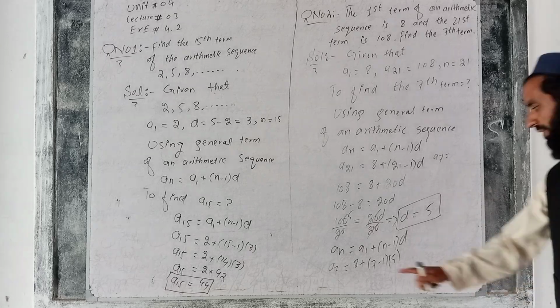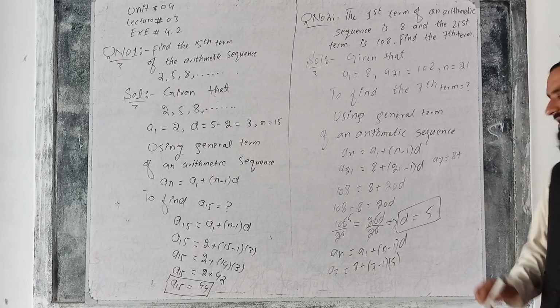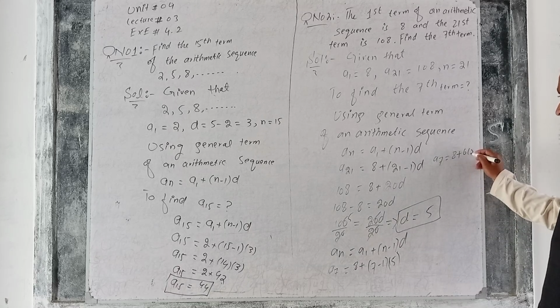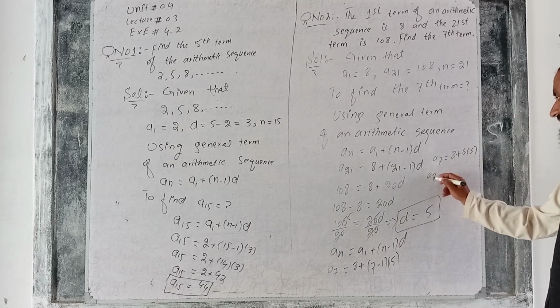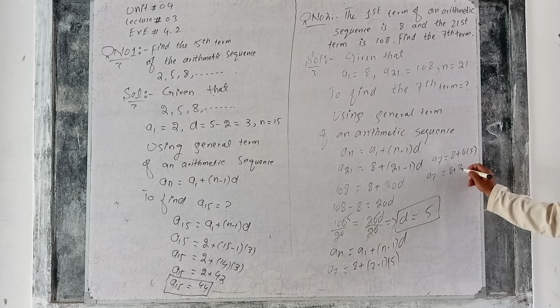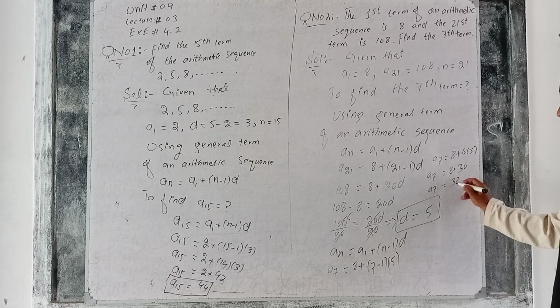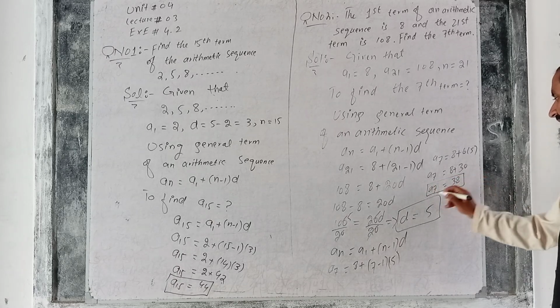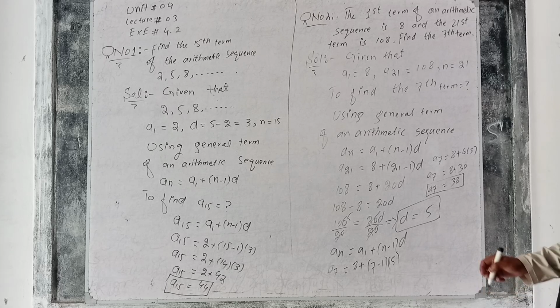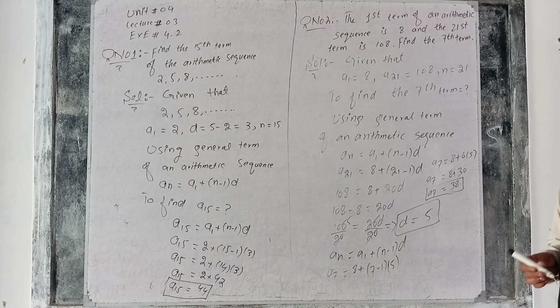A7 is equal to 8 plus 7 minus 1, 6 multiplied by 5. A7 is equal to 8 plus 6 fives are 30. This implies that A7 is equal to 38. So the seventh term of the given arithmetic sequence is equal to 38.